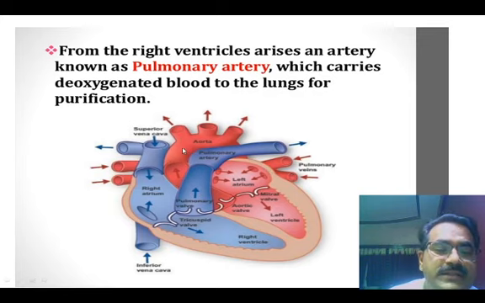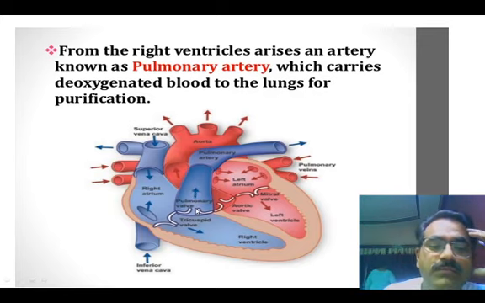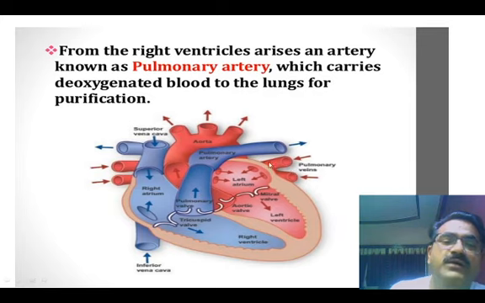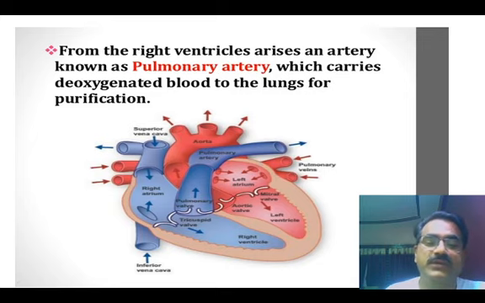Now here in this region we clearly observe that the pulmonary artery transports the blood toward the lungs for oxygenation, and the pulmonary veins receive the oxygenated blood and open into the left auricle, that is the left atrium.